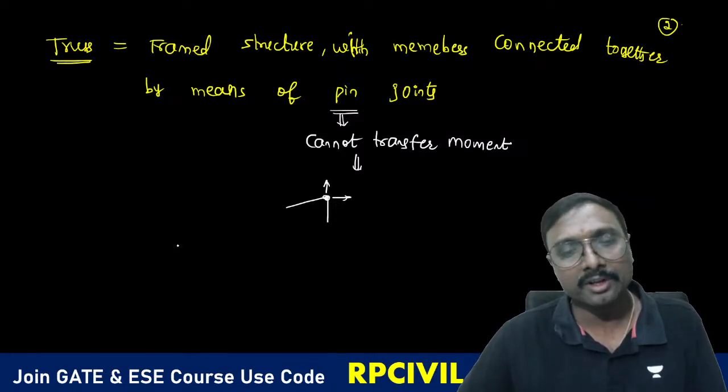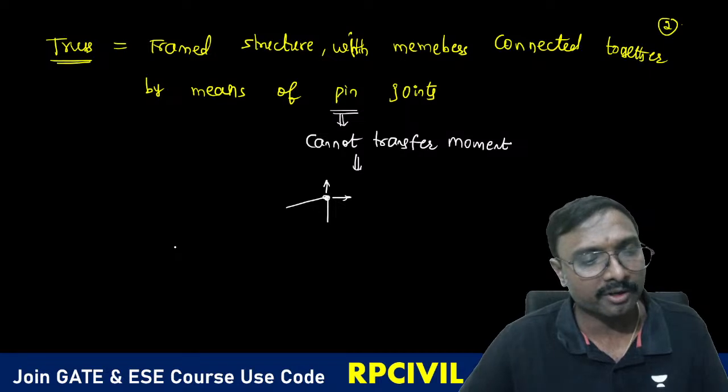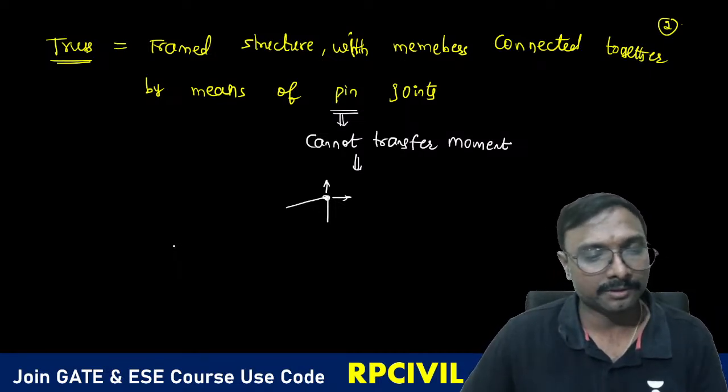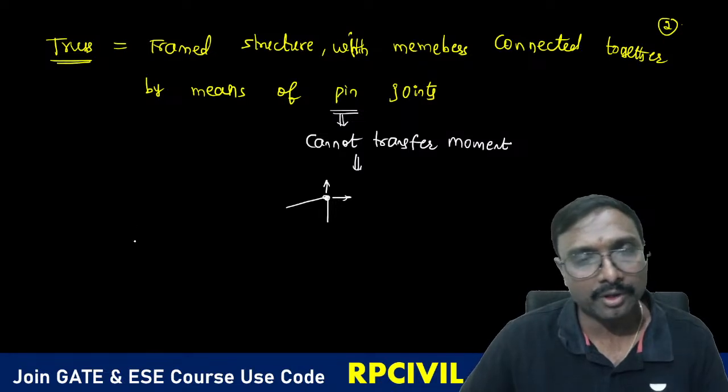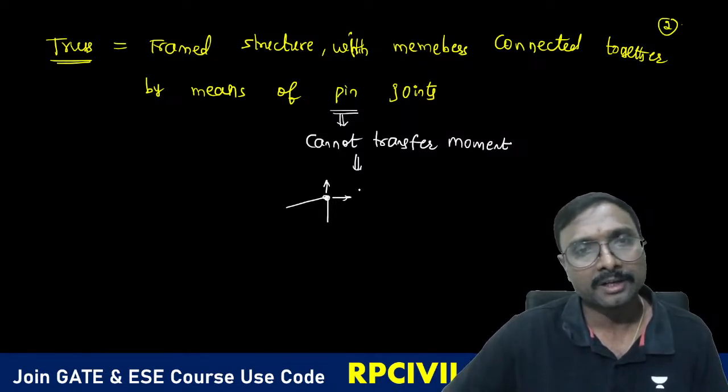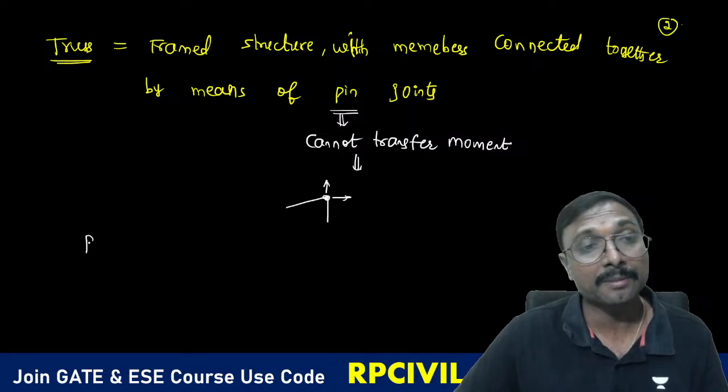So if you are going for these trusses, what do you have? If you know, how to provide this pin joint, tell me? This pin joint is provided by means of which one? The gusset plate, right?